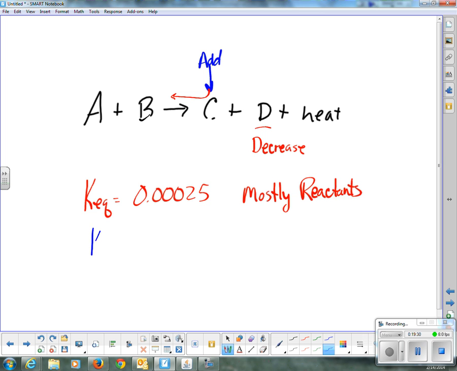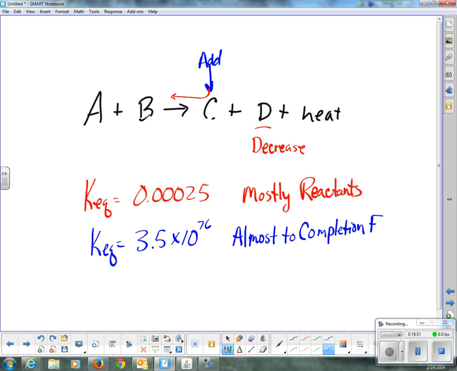Say that instead I had a KEQ of 3.5 times 10 to the 76. Well, that means it almost goes to completion going forward because it's such a huge number. I have very little reactants.